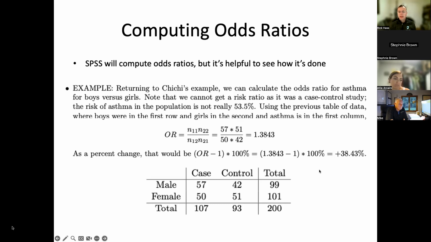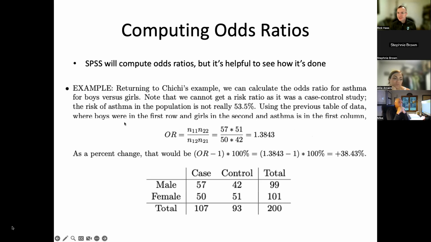I would say there's a 38.43% difference in the odds. If you change from female to male, you'd see a 38.43% increase in the odds. So an odds ratio can be interpreted in terms of a percent change or percent difference between the groups, and that's a difference in odds.